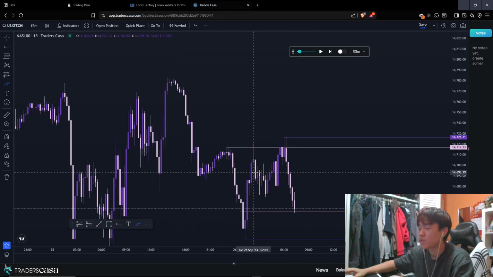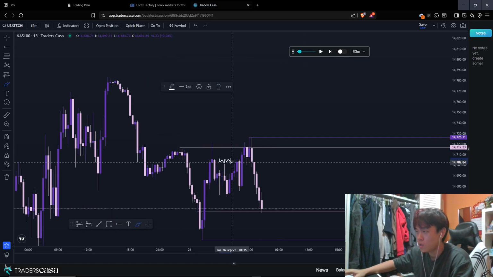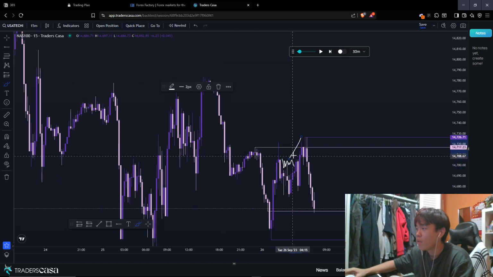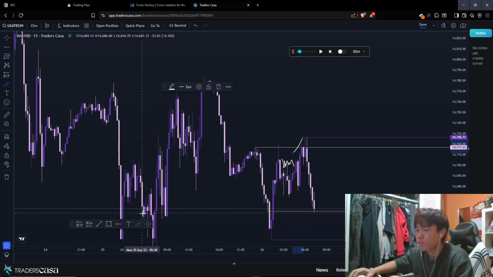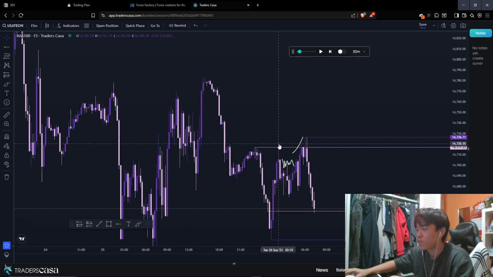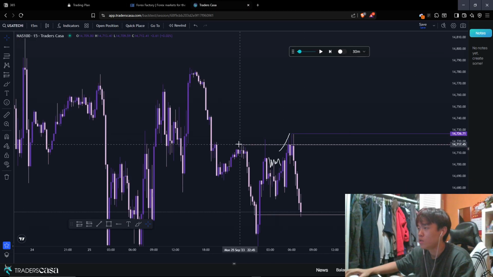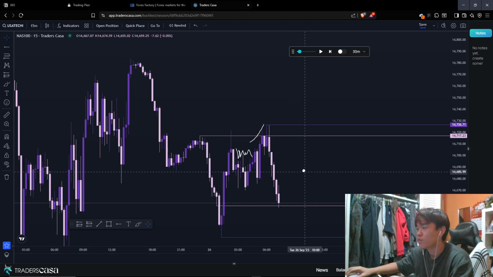But here, what would I see? I see this consolidation. We know it's consolidation because of these thick lines and how price doesn't really move. But then we get this draw on liquidity up here, taking out this prominent high, and also taking out Asia. Well, this already got taken out, but we just take it out again, and then we get this reversal down.